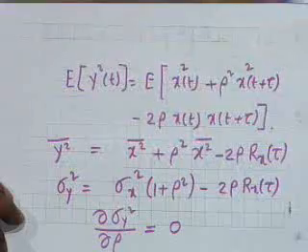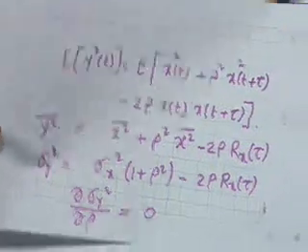Our problem was to choose rho such that sigma y squared is minimized, and therefore we differentiate sigma y squared with respect to rho and put the value to 0.